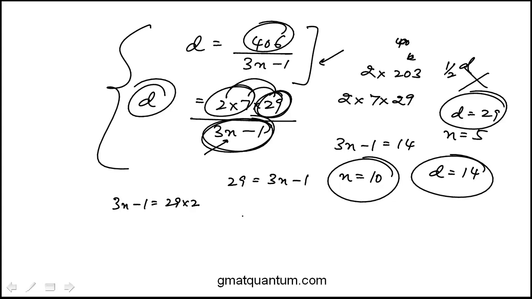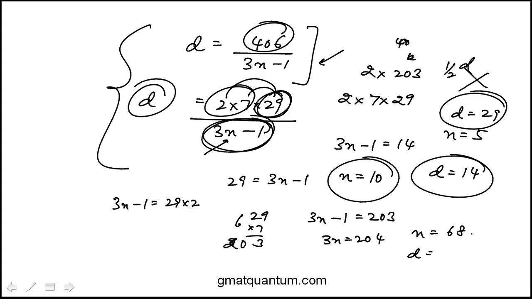But you could also have 29 times 7, which is 203. 3n minus 1 is 203, 3n is 204, n is 68. But you'll notice that in this case, d would be 2, and if you remember, they gave us a condition that each unpainted section, half d, is greater than 2, so that's what would have eliminated that.